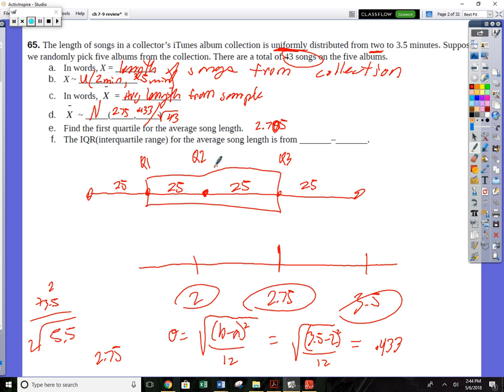Look at your original distribution, and we're not really looking at the original, we're just looking at the sample. The original average was 2.75, and this is saying the first quartile, from here, 2.705.